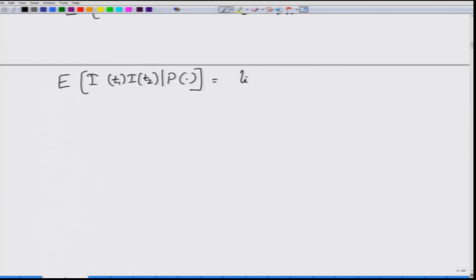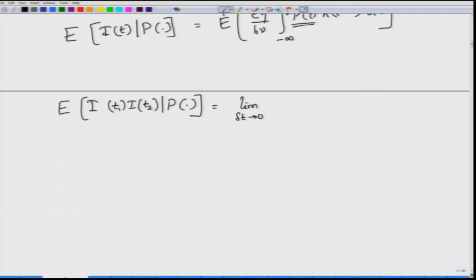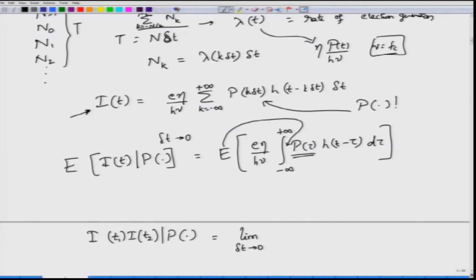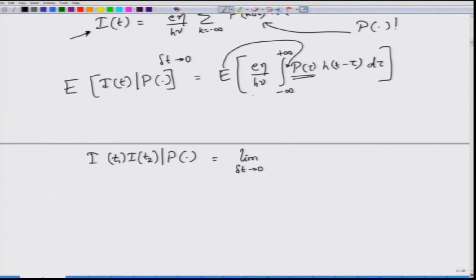You substitute from the previous expression for I of t, with I of t1 and I of t2, and then multiply. There is going to be 1 delta t over here, and eta by h nu into p of k delta t is nothing but lambda.